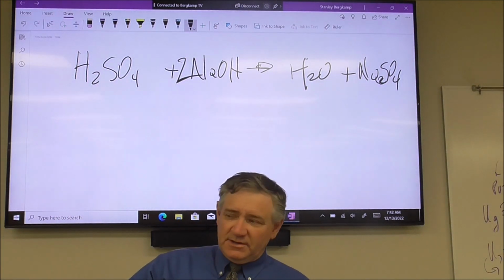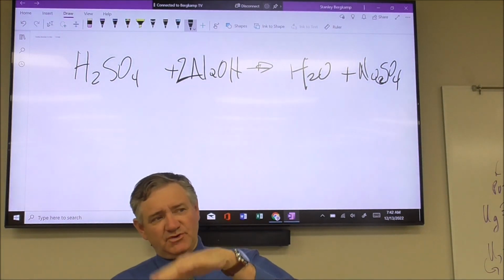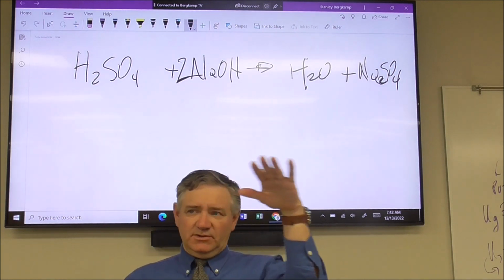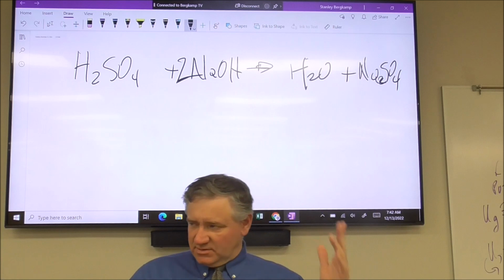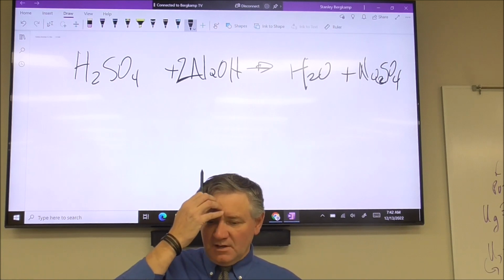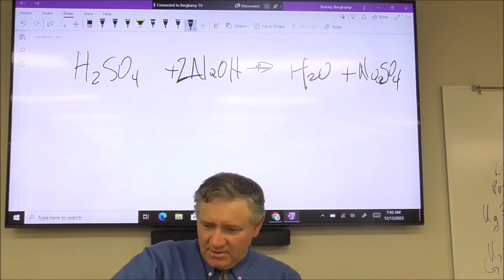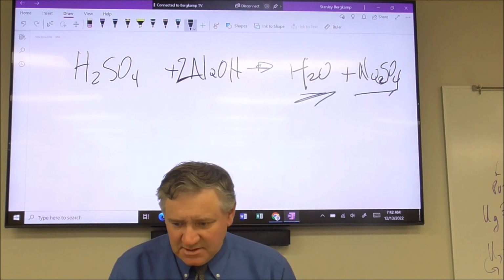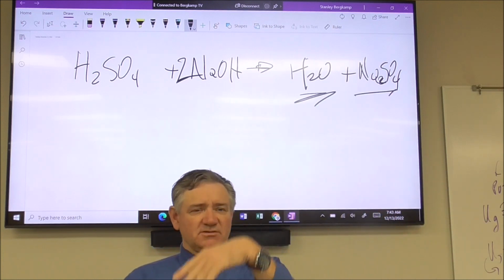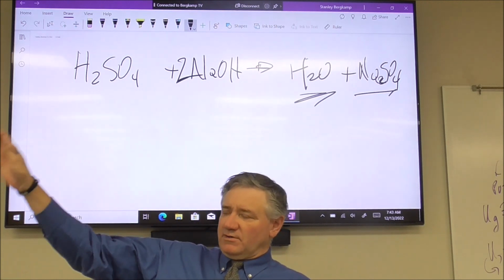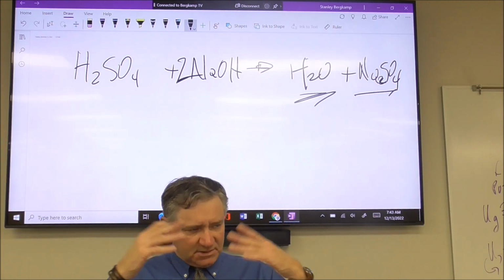So in theory, it should have taken twice as many drops of sodium hydroxide to neutralize this as it did the sulfuric acid because it's a 2 to 1 ratio. So there's your basic equation. Out of any neutralization reaction, you get a salt and you get water. If it was hydrochloric acid and sodium hydroxide, you'd get water and sodium chloride. It's a double displacement reaction.